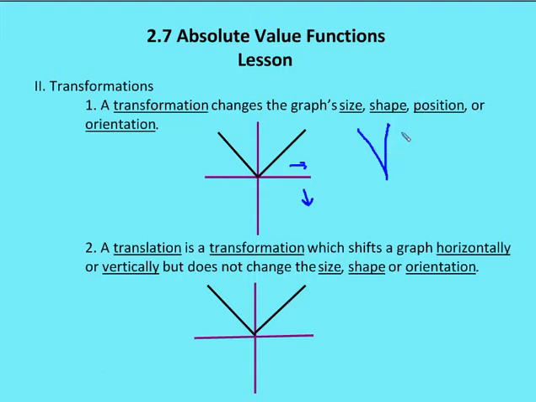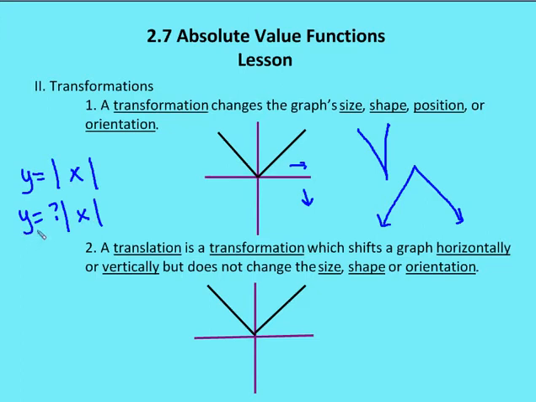And then I can also change the orientation. Now the absolute value graph can also be upside down, and we'll talk about when it's upside down based on a relative to the parent function. But I'll give you a hint. If in the parent function, for every input I always get a positive output, what do I need to change on the outside of the absolute value function in order to say that for every input I put in for x, I always get a negative output for y?